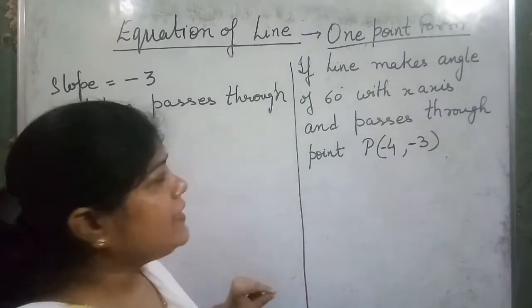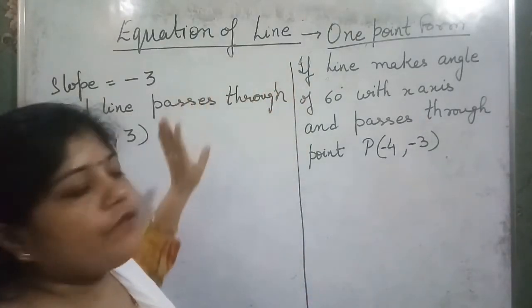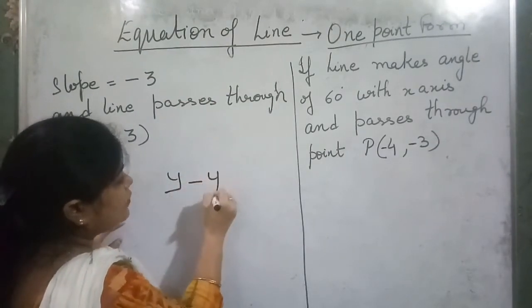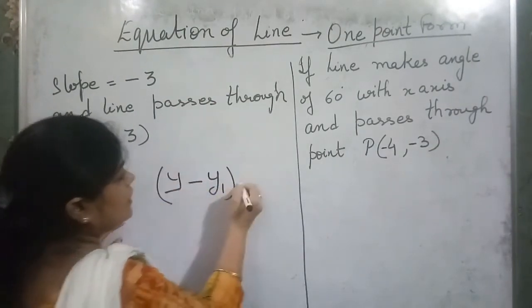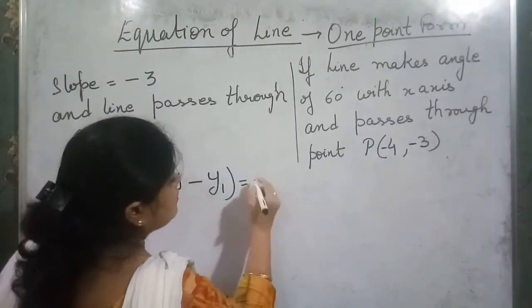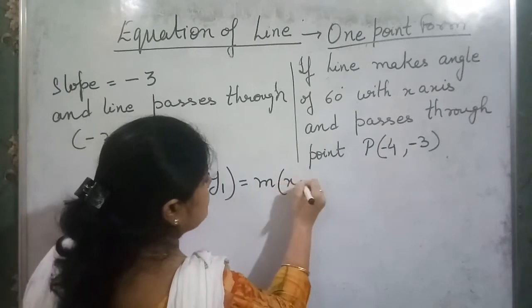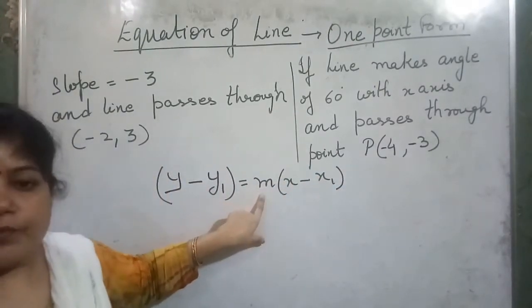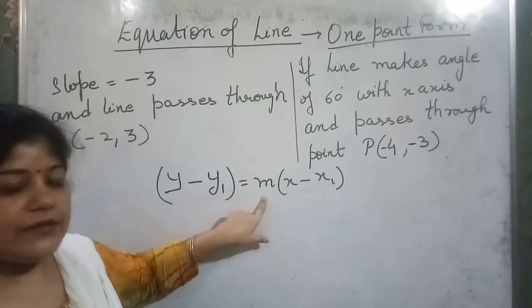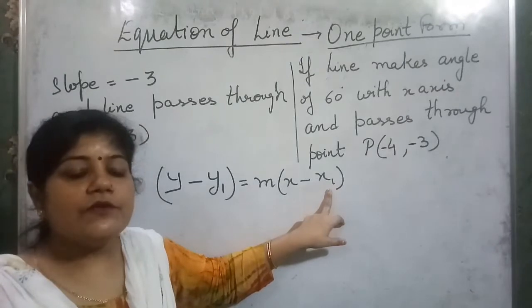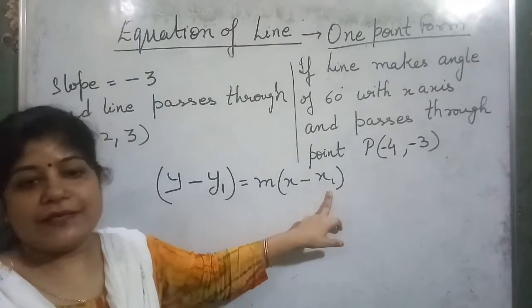Firstly, the one point form for the equation of line is y minus y1 is equal to m times x minus x1, where m is the slope, as you know, that is the gradient, and x1 and y1 are the point through which the line passes.